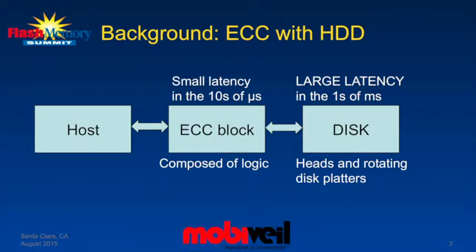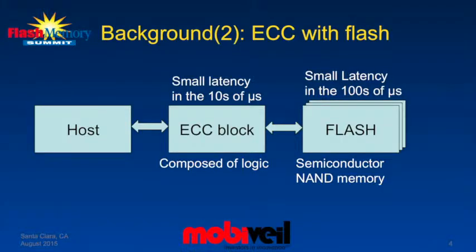Very quick, very easy to do. You assigned one guy to put him in the corner and let him have fun with the ECC block. And of course the disk drive itself had milliseconds of latency, often for average seeks and that sort of thing. So this block was a very small part of the transaction.